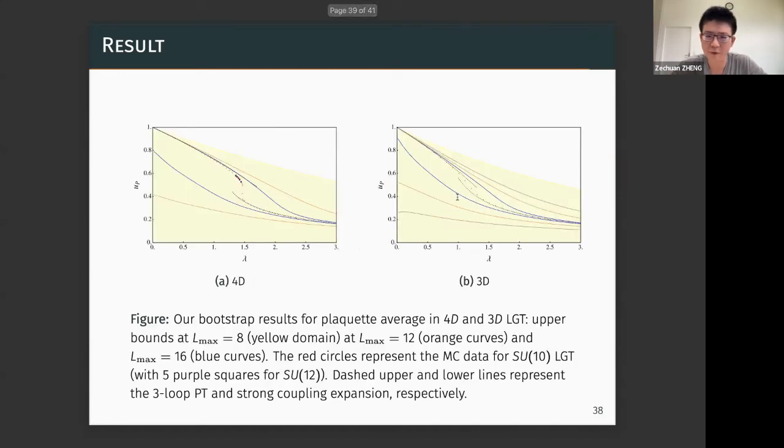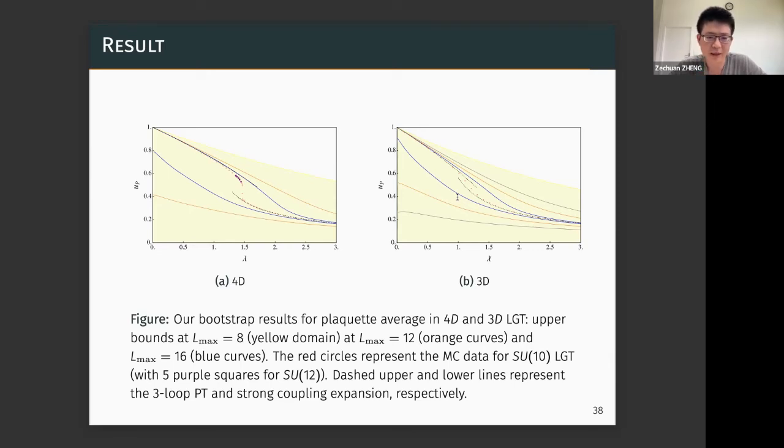But for 3D and 4D, the complexity grows exponentially. For 4D, each single point on the plot takes approximately 20 hours of CPU time. Okay, so let's look at the final plot.